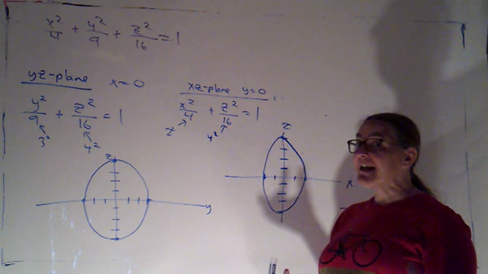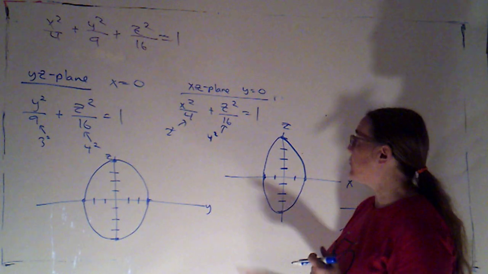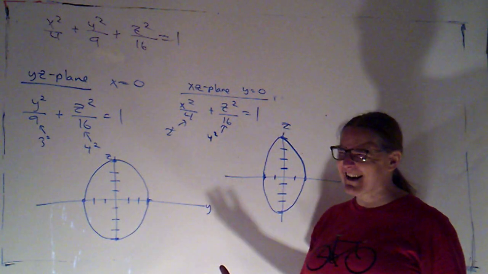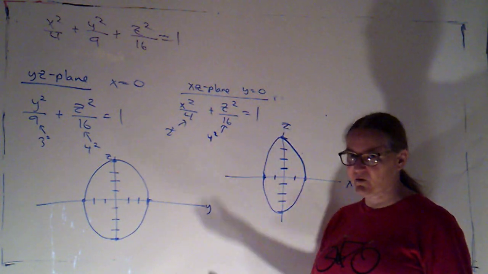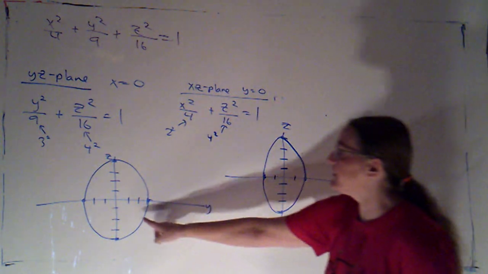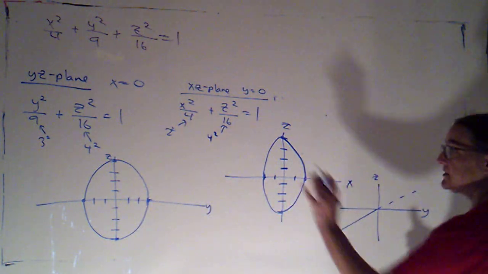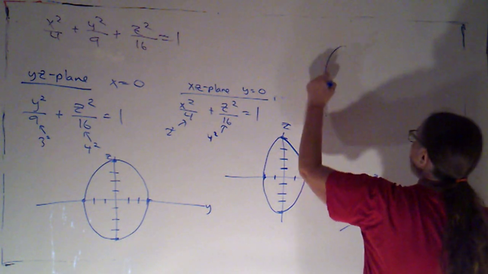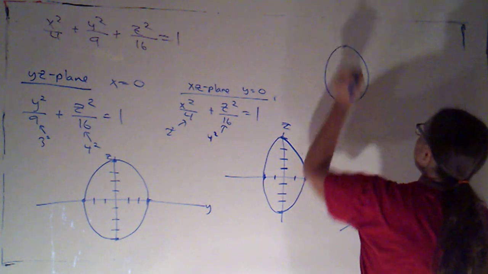So, unless you have a good reason for doing otherwise, and in this case all of the cross sections are ellipses, so I could start with any one, I'm going to start in the yz plane. I'm going to just draw that, knowing that that one doesn't get distorted at all.